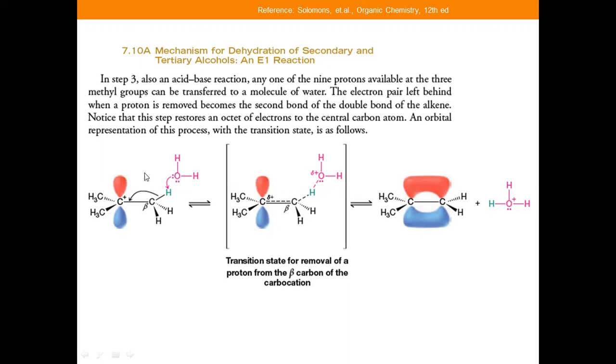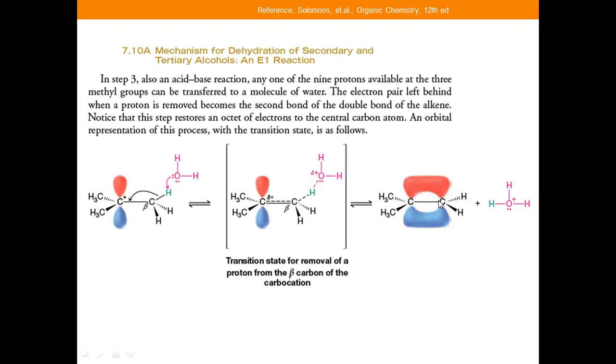Remember that when you form a double bond, it utilizes the sp2 hybrid orbitals, three bonds, and one unhybridized p. If the unhybridized p contains electrons, then it does sideways overlap to form the pi bond.